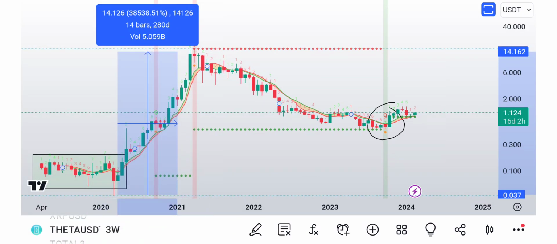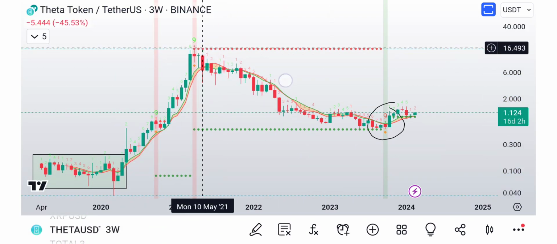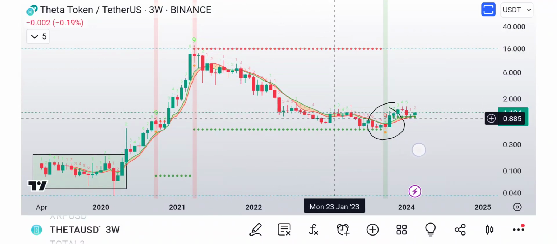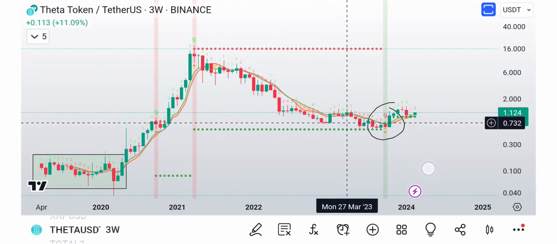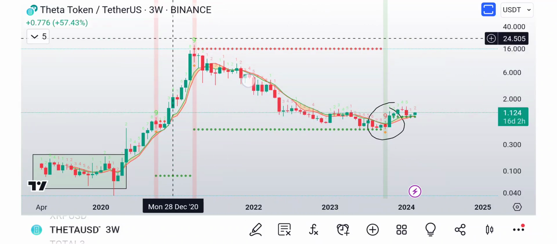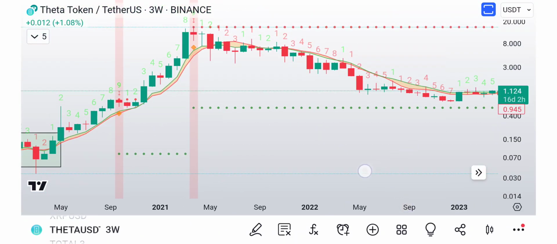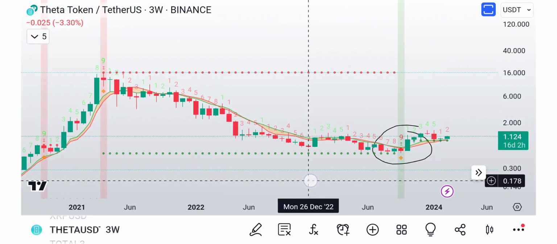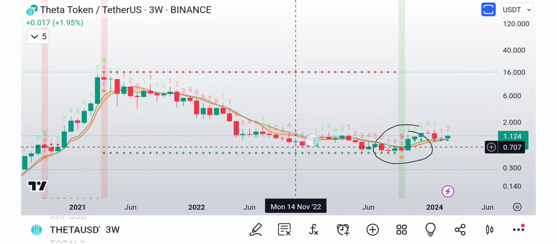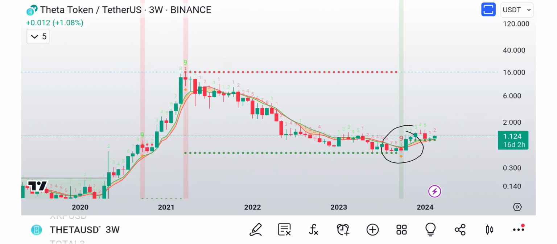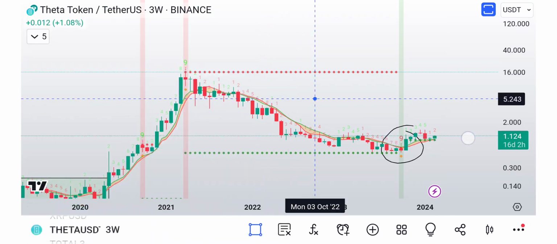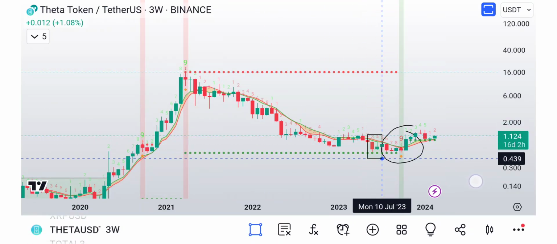Then what happened? Then the price went into a pullback or a bear market, right? Then what happened? Well, first we had a 9 sell, right? That 9 sell called the top perfectly. So then we started inching our way down, right? And now we landed on the green dots, which is perfect right here.